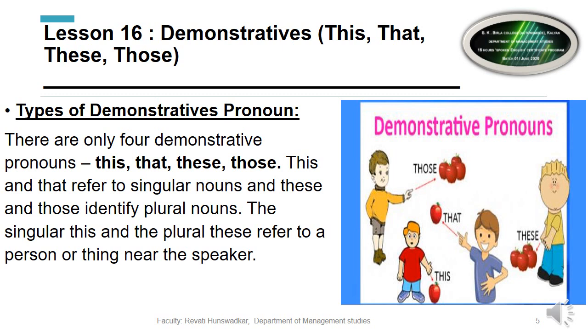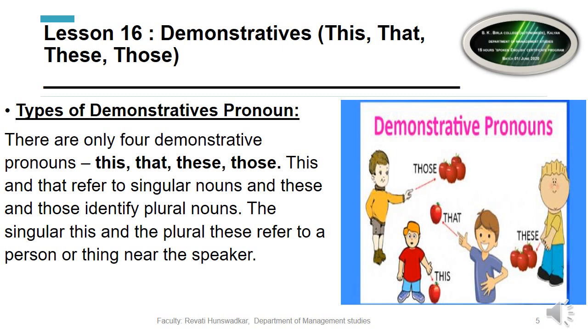We can see in the image. This is my apple. These are my apples. So this and these refer to what is near to us.